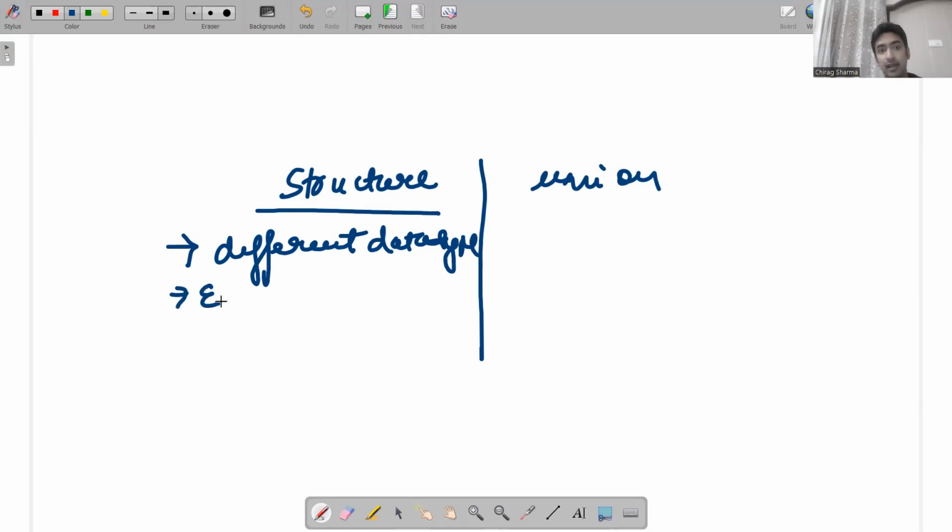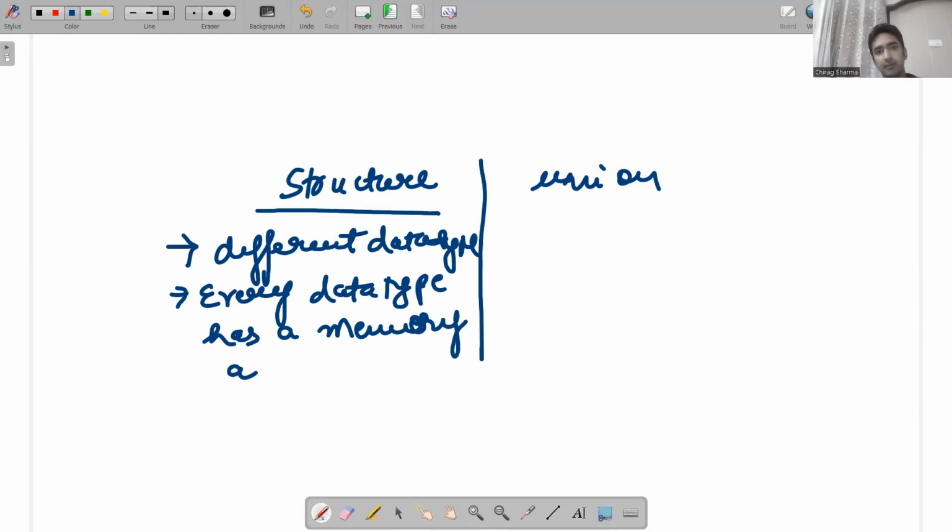Here, every data type has a memory associated with it. So this is what you have been reading so far.